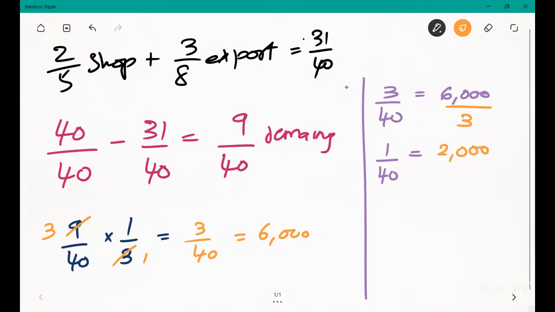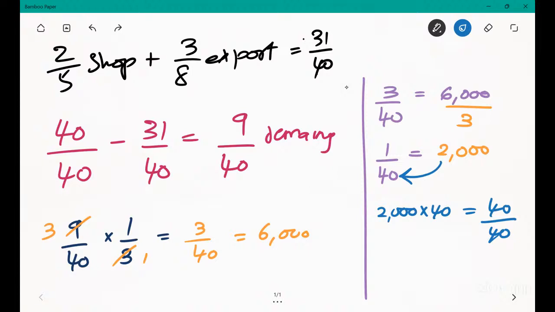Then very easily you can multiply 2,000 into 40. Because you have it as 1/40th here, to get it as the whole, it has to be 40 over 40. So then you will multiply this and you will be getting 80,000. Did everyone understand this?